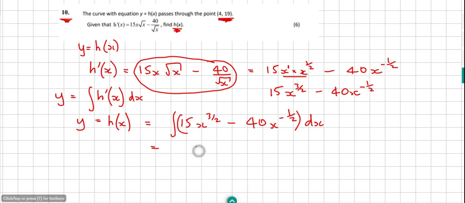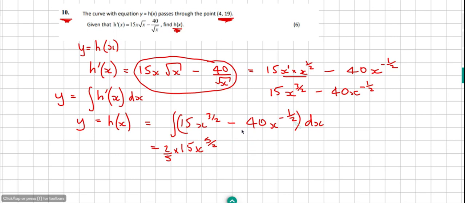So the power on the x is 5 over 2. We've got the 15 that we already had, but we're going to divide by 5 over 2. Dividing by 5 over 2 means we can multiply by the reciprocal, which is 2 over 5. In other words, I've inverted the fraction and changed it from divide to multiply, and that makes it a bit easier to deal with.